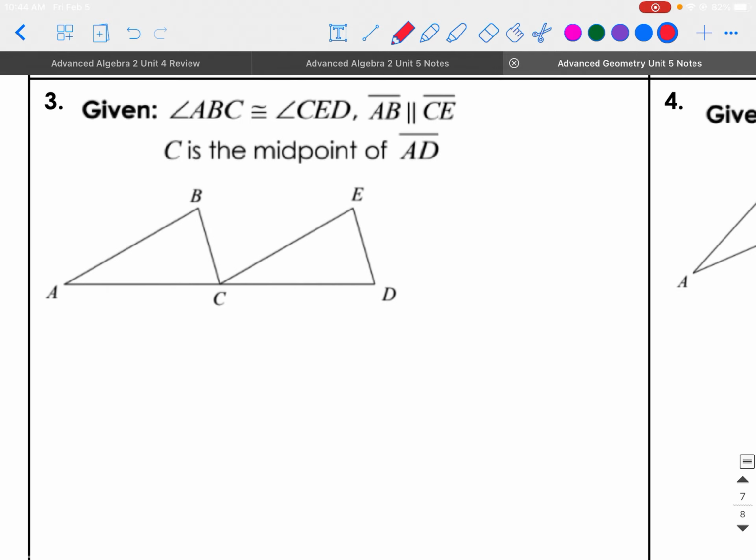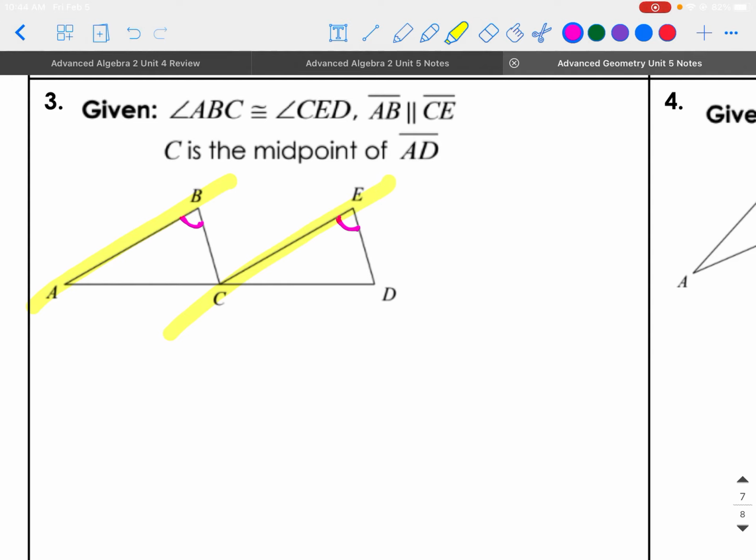All right, number 3, angle ABC is congruent to angle CED. AB is parallel to CE.